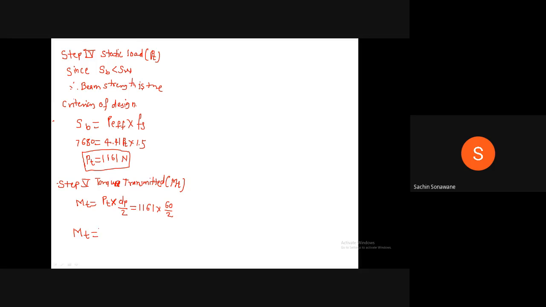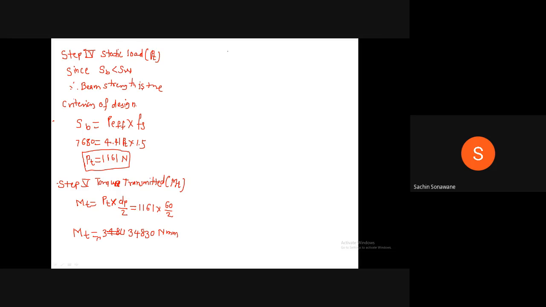Torque transmitted is equal to 34830 Newton mm, because the unit of PT is Newton and the value of dp is in mm. Therefore, we have got the torque in Newton mm. Its value is 34830.